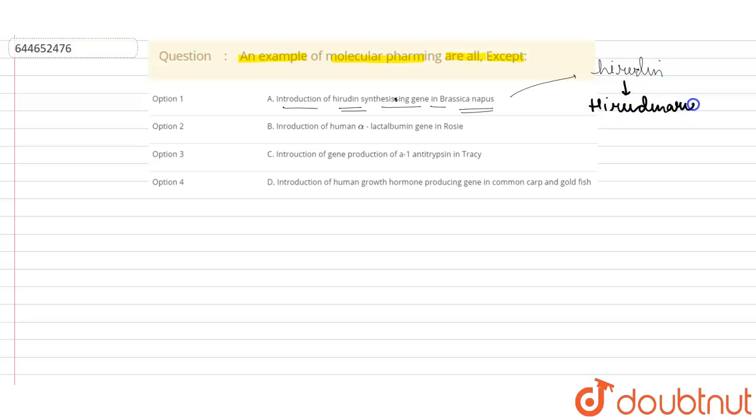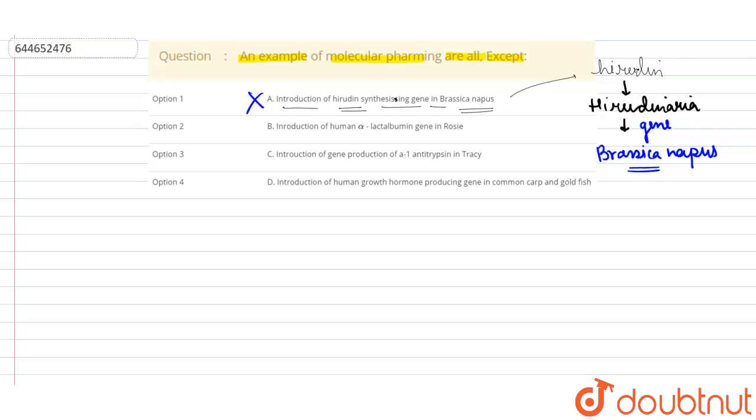The gene from hirudinaria is taken and introduced into a plant, Brassica napus, in order to produce this hirudin, which has multiple medicinal uses. So this is an example of molecular farming, so this can be the correct option.